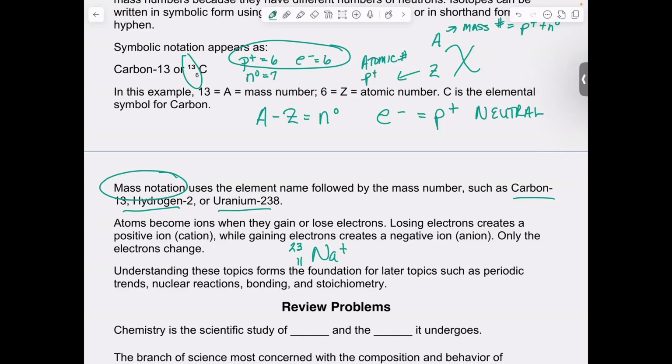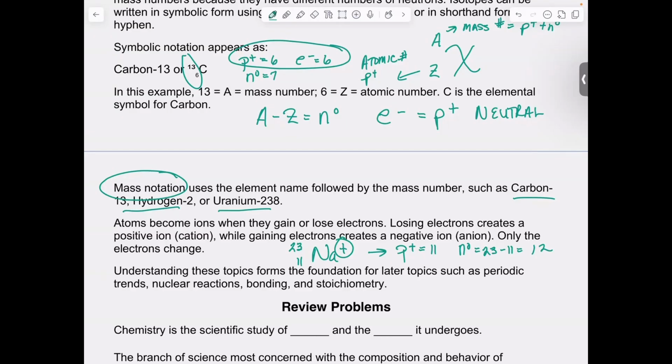But it has a positive charge, and that means it's not balanced in protons and electrons. So if we dissect that a bit further, it's always got 11 protons, that's your atomic number or Z number. And then your neutrons would simply be 23 minus 11, which would be 12. Okay, 12 neutrons.